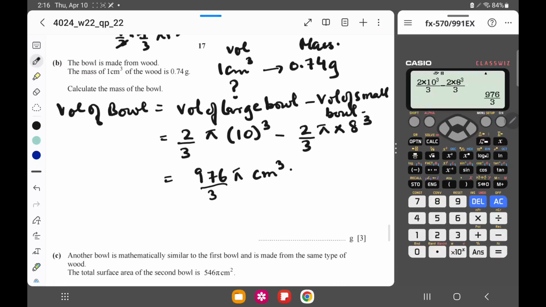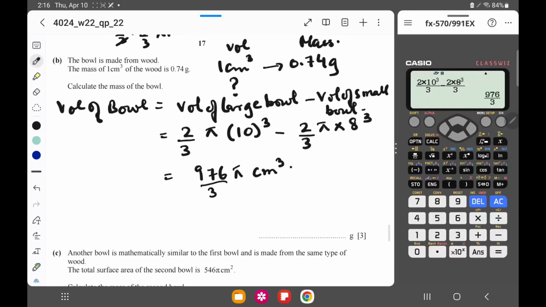So 1 cubic centimeter has a mass of 0.74 grams. Then 976 upon 3 pi will be how many grams, we are going to find out.